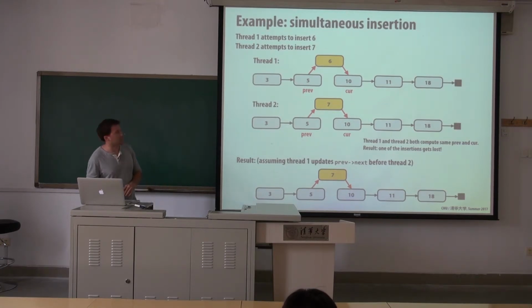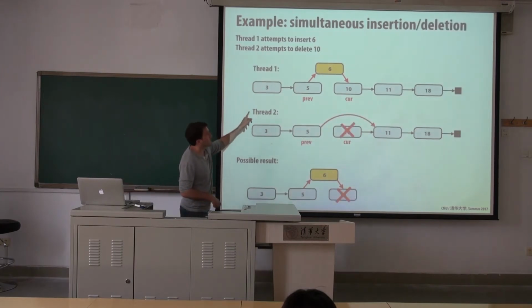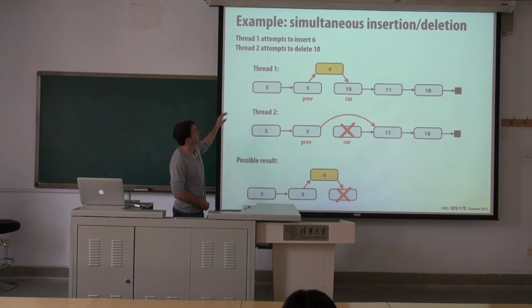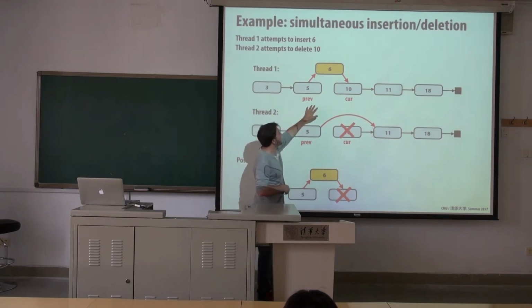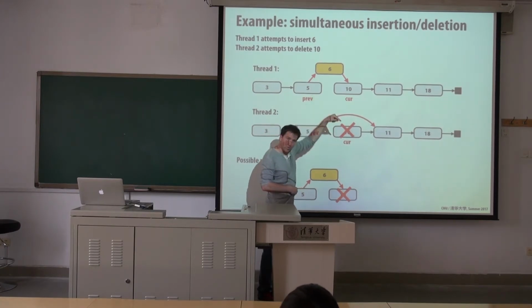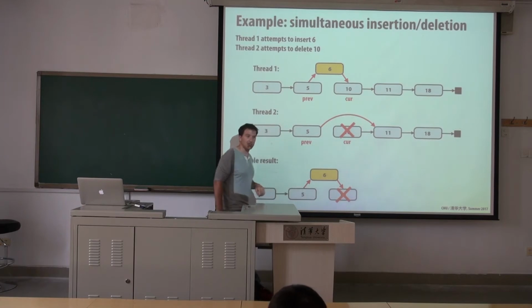Let me think about another case. Let's say that thread 1 is inserting 6, and thread 2 is trying to delete 10. Now, thread 1 says, okay, previous should point to my node 6, and 6 should point to this future node 10.